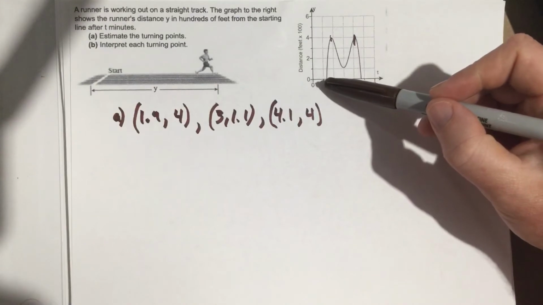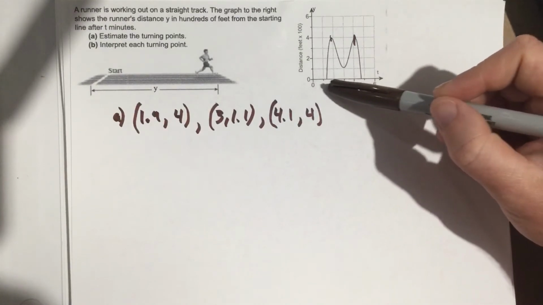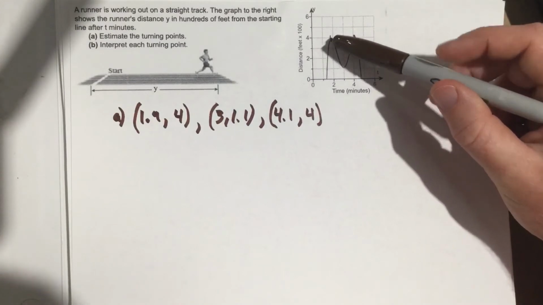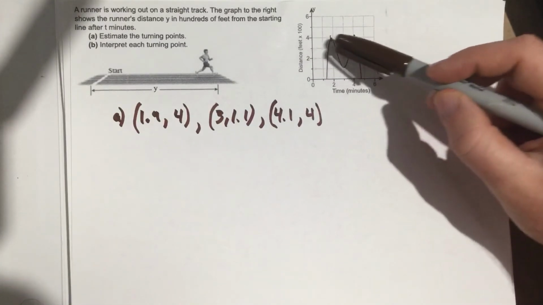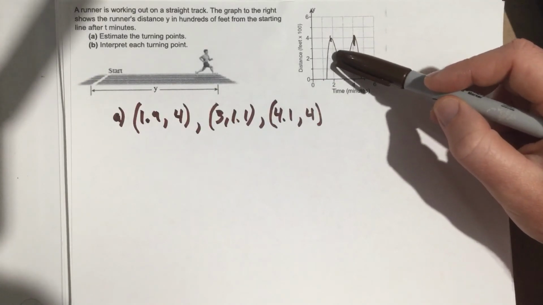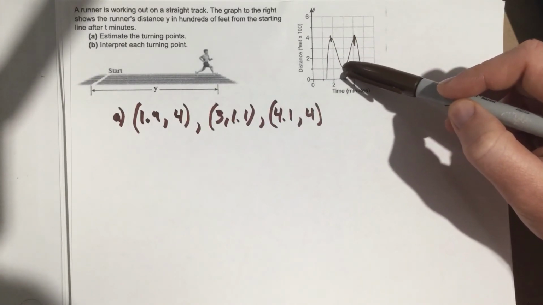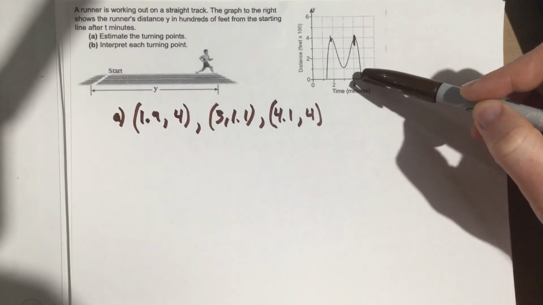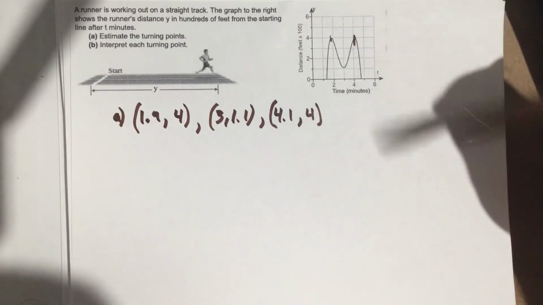And then he starts his workout, and at about 1.9 minutes, he's 400 feet from the starting line. And then he gets back a little bit closer toward the starting line, and then starts to go away from the starting line, and then comes back a little closer until he finally gets back to the starting line.